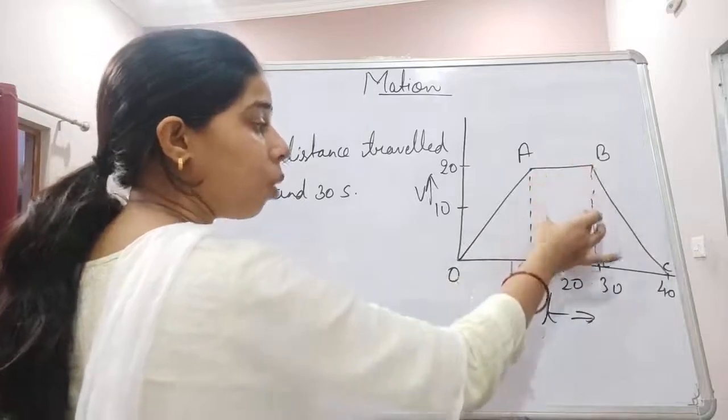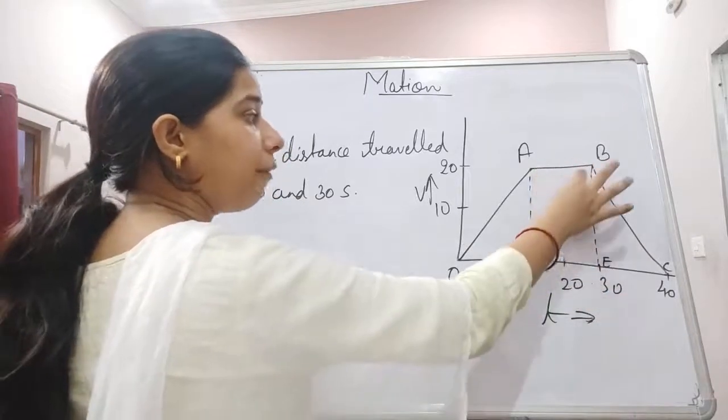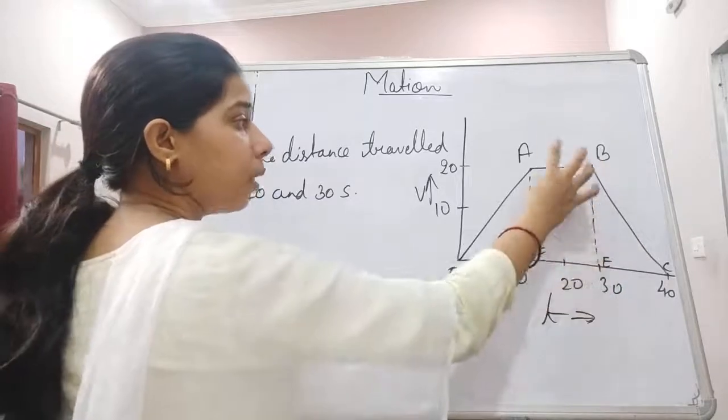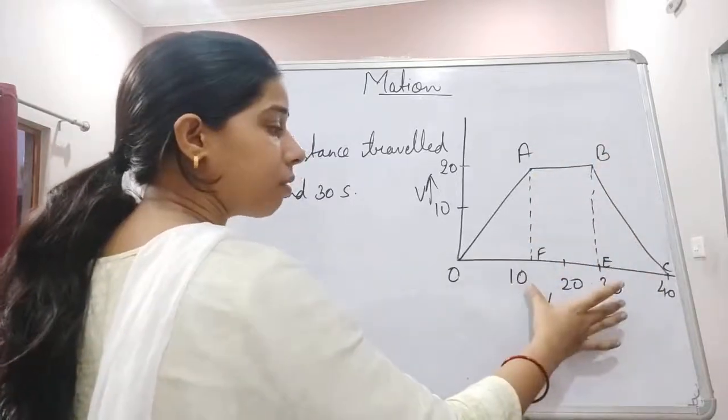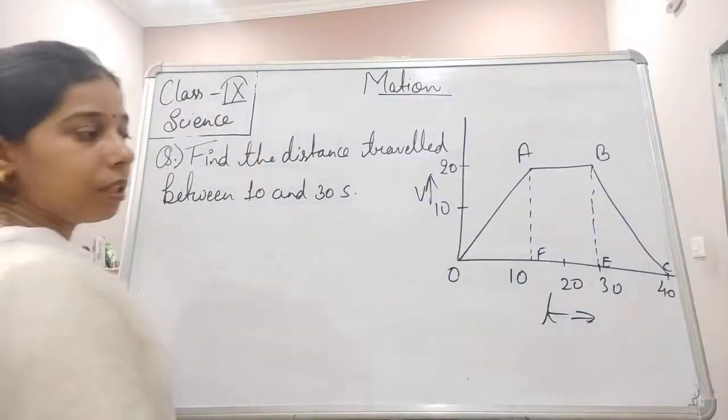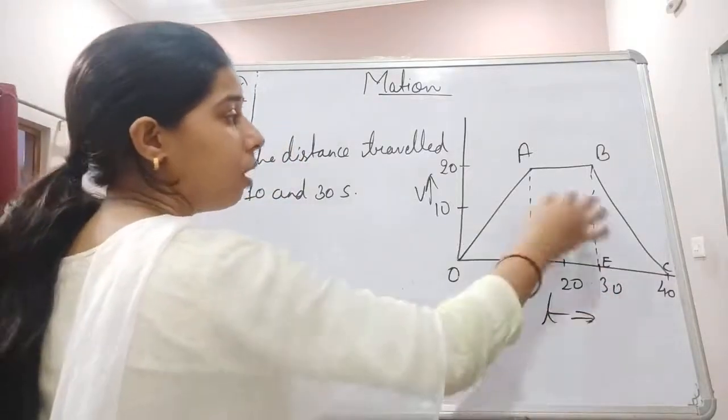So this is the whole slope. We have to find the area which is enclosed between A, B, E, F, because this is the distance we have to find between these two timings.